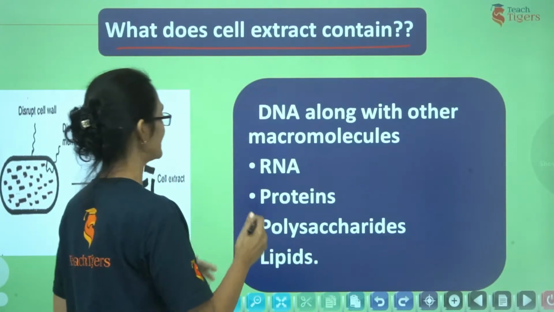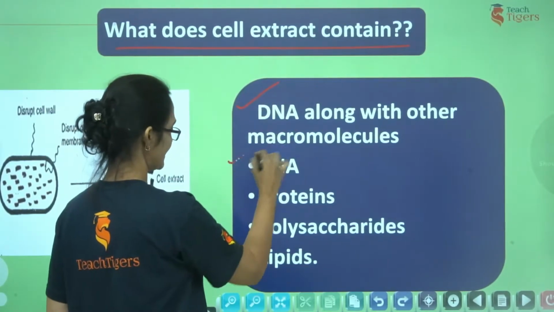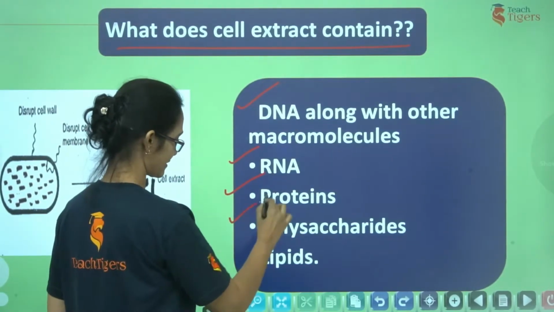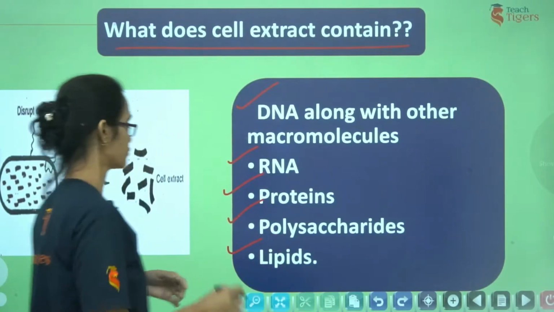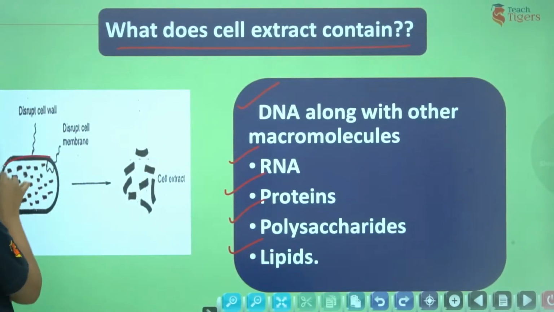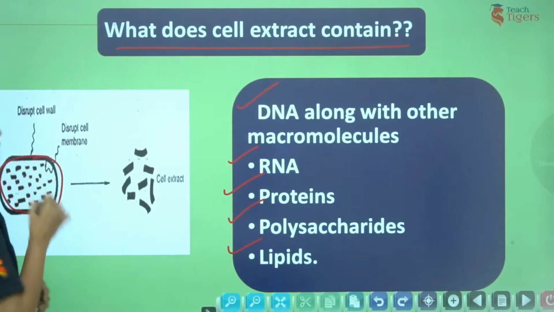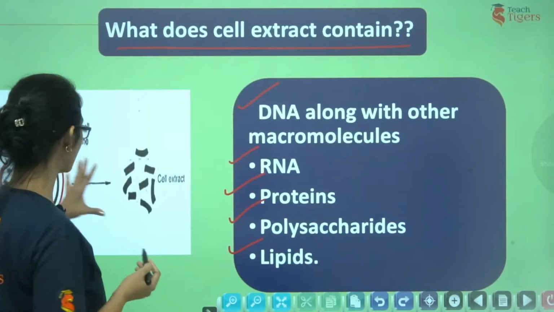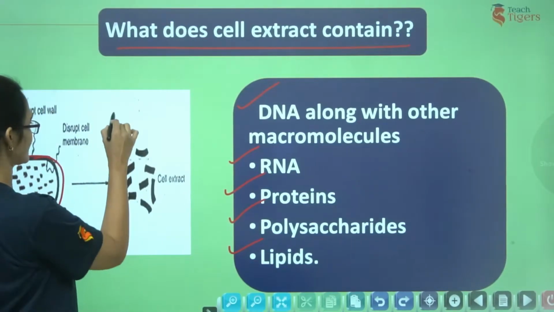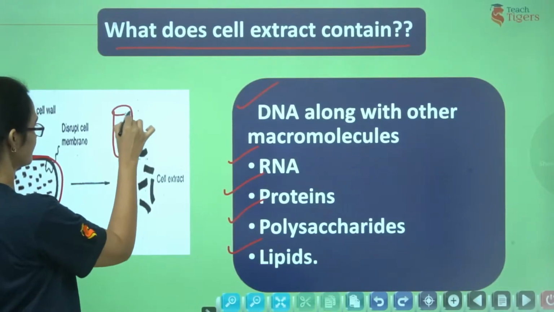It majorly contains the DNA, RNA, protein, polysaccharides and lipids. So literally you are breaking the cell just like how you break a coconut, and once you break it, you get all the liquid extract, the cell extract.